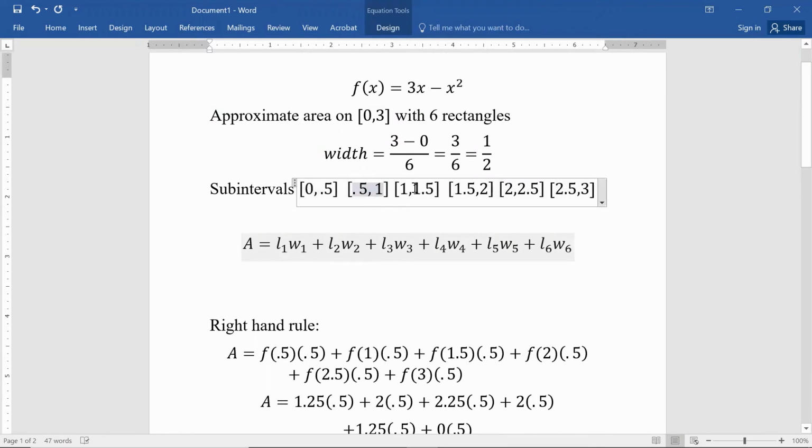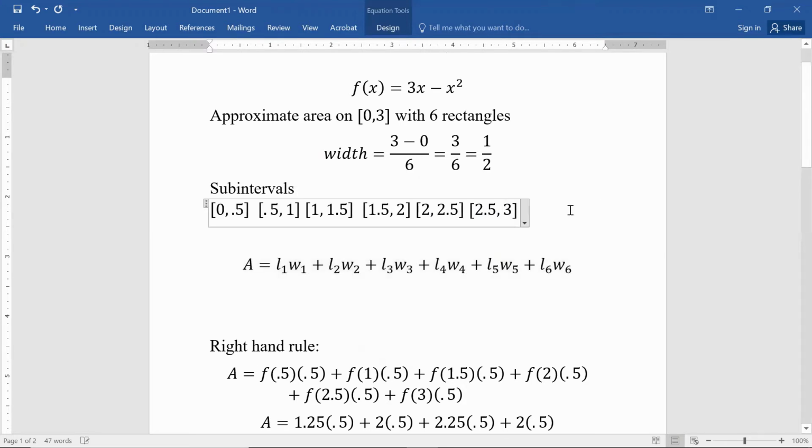Algebraically, the midpoint being halfway between gives me 0.25 for the first subinterval, 0.75 for the second, 1.25 for the third, 1.75 for the fourth, 2.25 for the fifth, and 2.75 for the sixth.